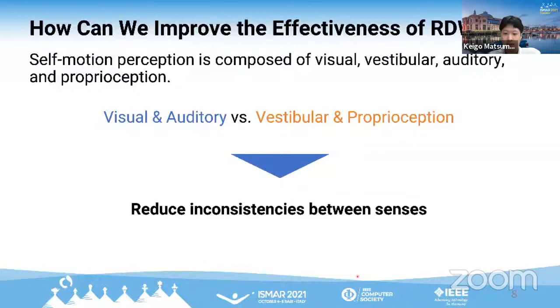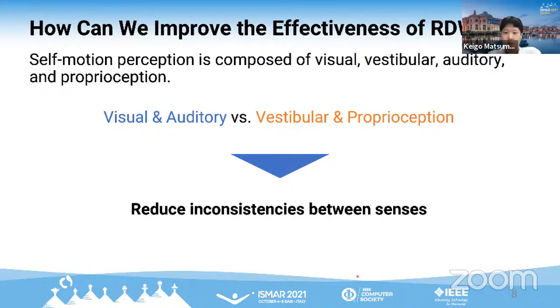So the inconsistency of these stimuli makes the user aware of the redirected manipulation. Therefore, to prevent users from noticing the manipulation, it is effective to reduce the inconsistency between senses.